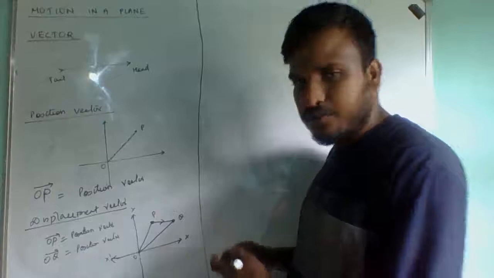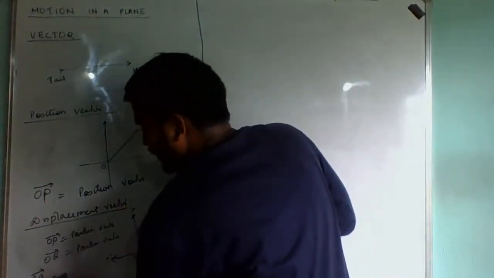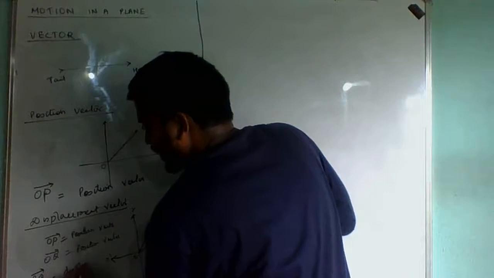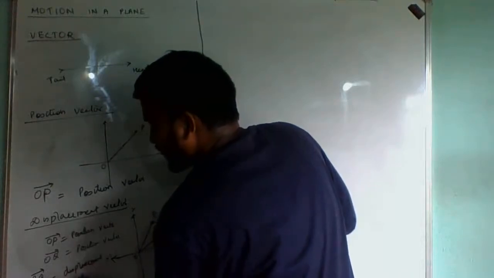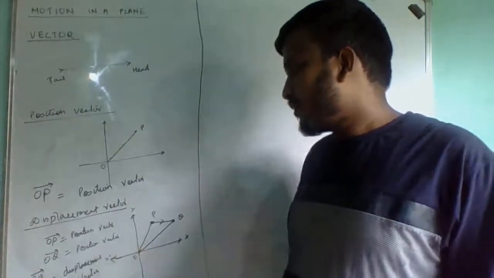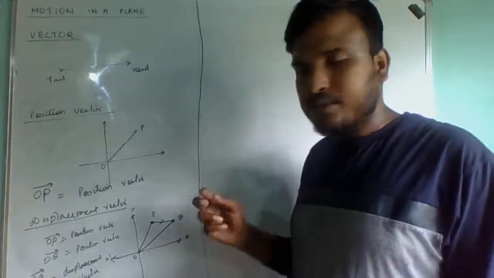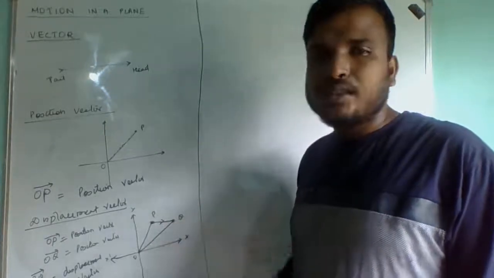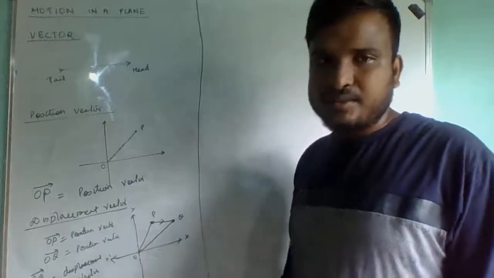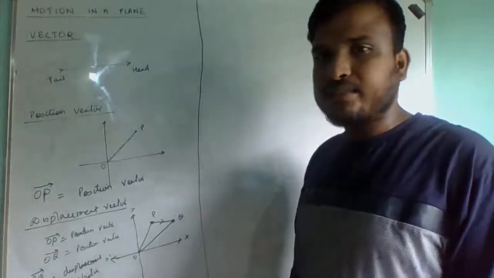What is PQ vector? First of all, we should know. PQ vector is called displacement vector. Because PQ indicates the displacement of an object from the point P to Q when viewed from origin, or also we can say with respect to origin.